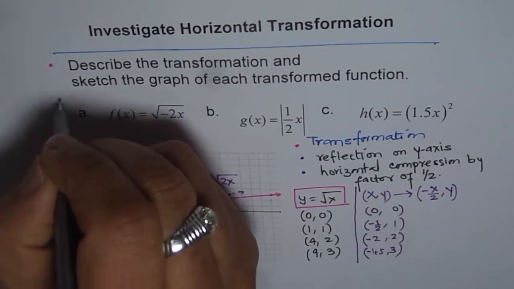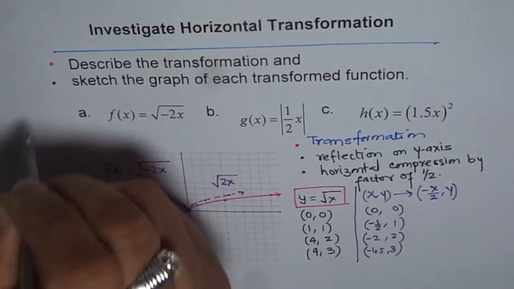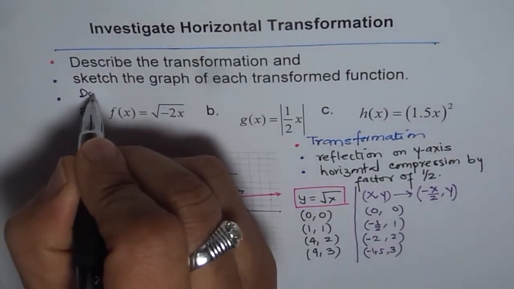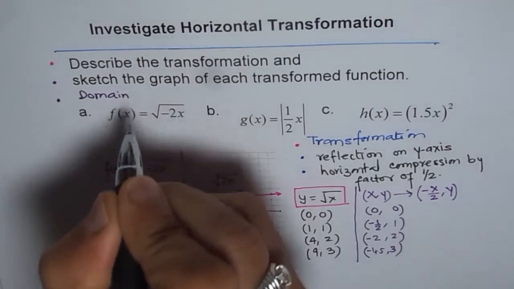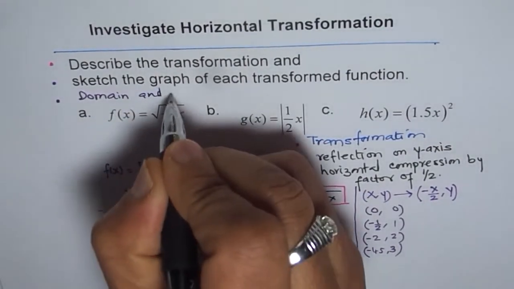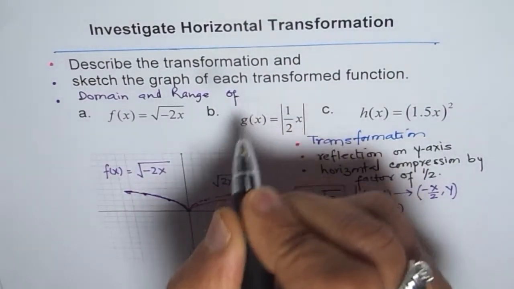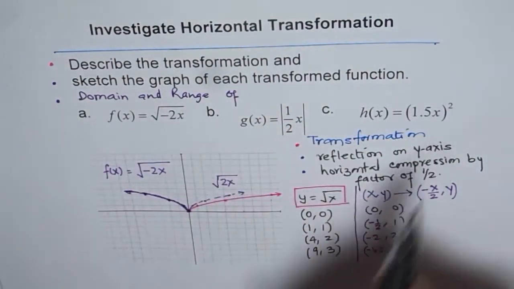Now I will add a question for you here. We've done these two portions. I would like you to write down the domain and range of the given functions. These are given transformed functions.